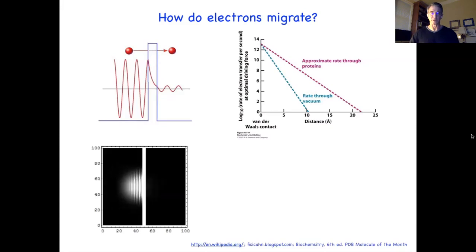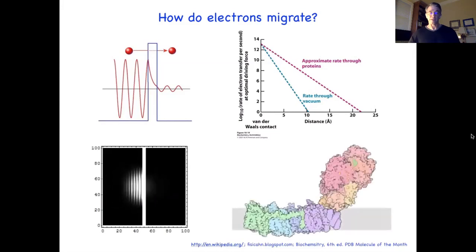If those two centers, instead of being in vacuum, are surrounded by the electron clouds of, let's say, amino acid side chains, you embed our centers into a protein, you can push that curve over quite a bit. You can get that maximum distance of transfer over to 20, 22, 23 angstroms, something like that, or a little bit further, depending again on the redox separation.